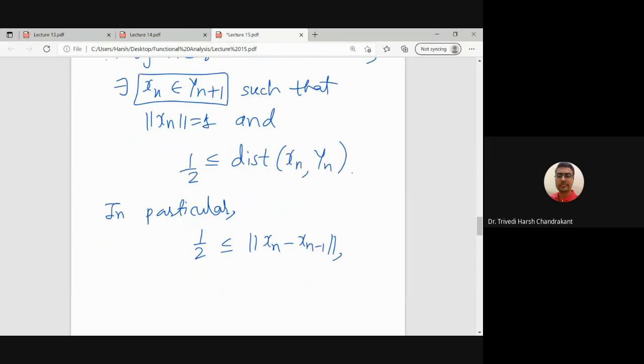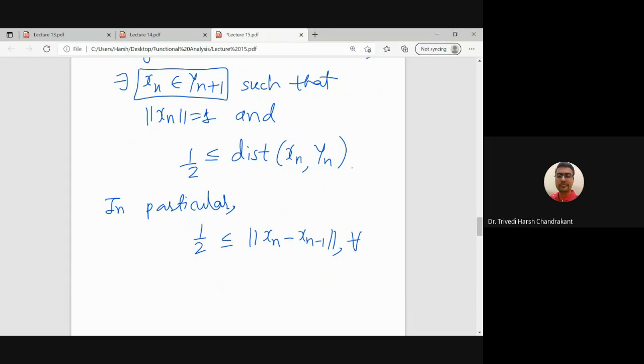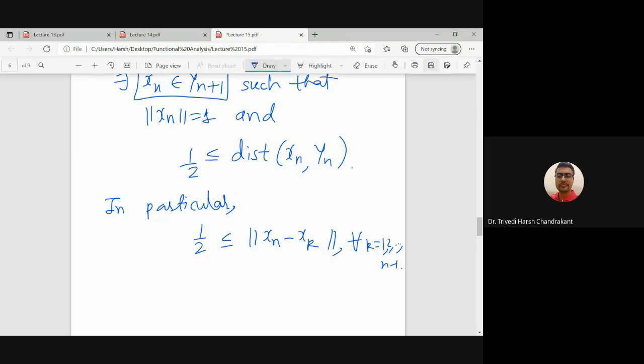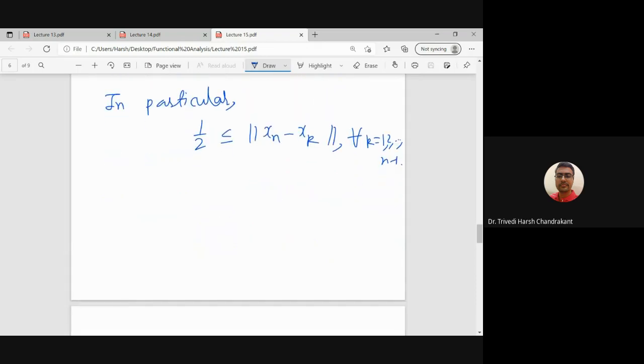This holds for all k equal to 1, 2, up to n minus 1. So for each n, this holds. That is in general.